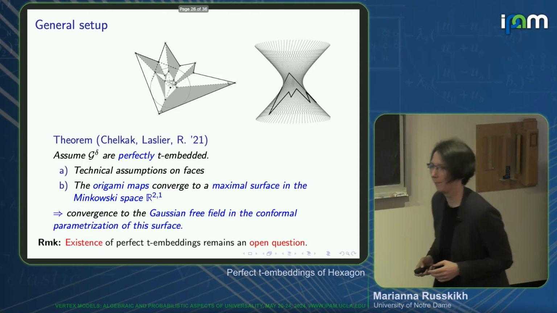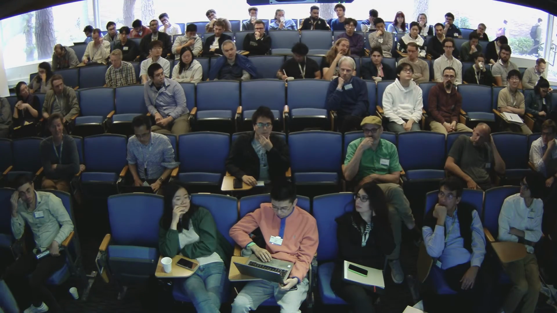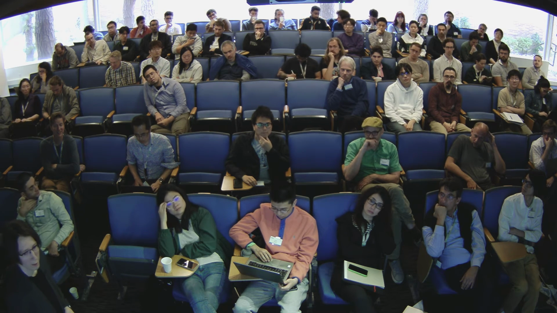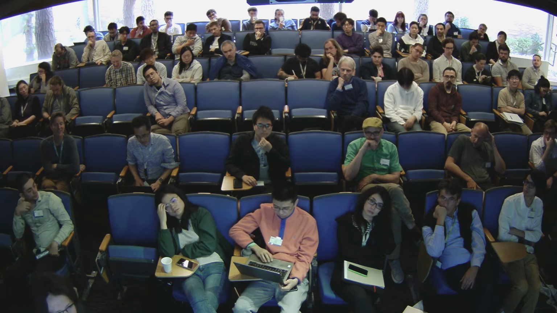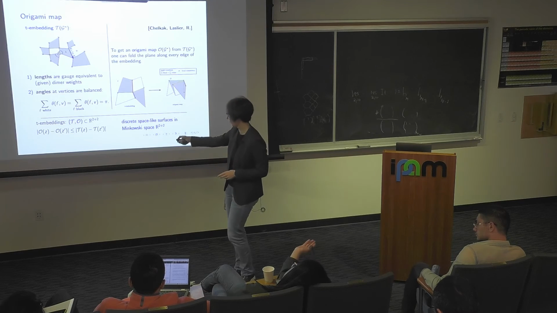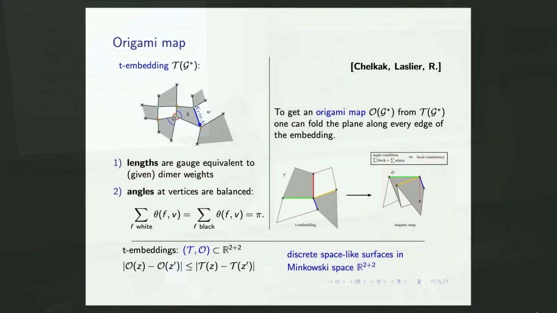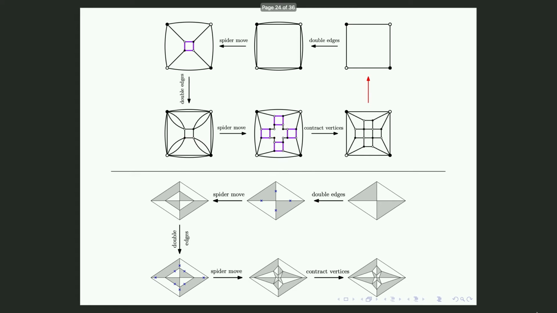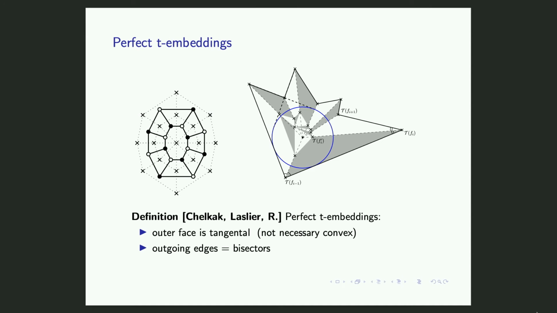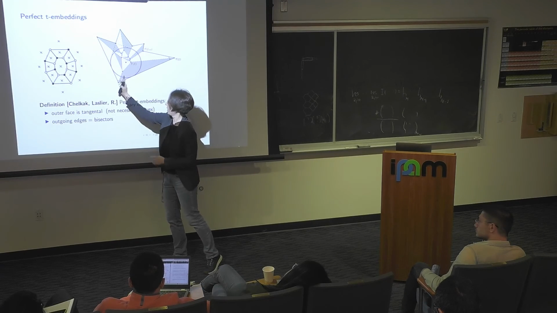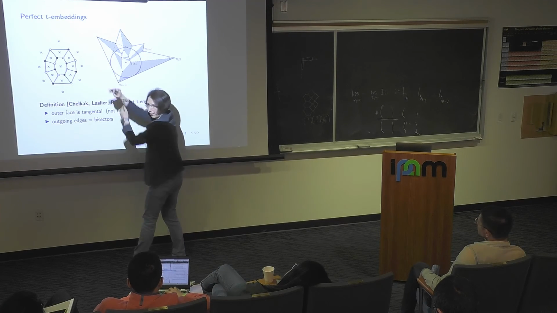I have a question. Sure. What does this convergence mean? I mean, the origami map was not really living in this world, was it? Right. Note that in general, we had this surface in R^{2+2}. Now if I take these perfect t-embeddings, at least on the boundary, what happens with the boundary polygon? I'm folding along each edge, so these two edges go to the same line.